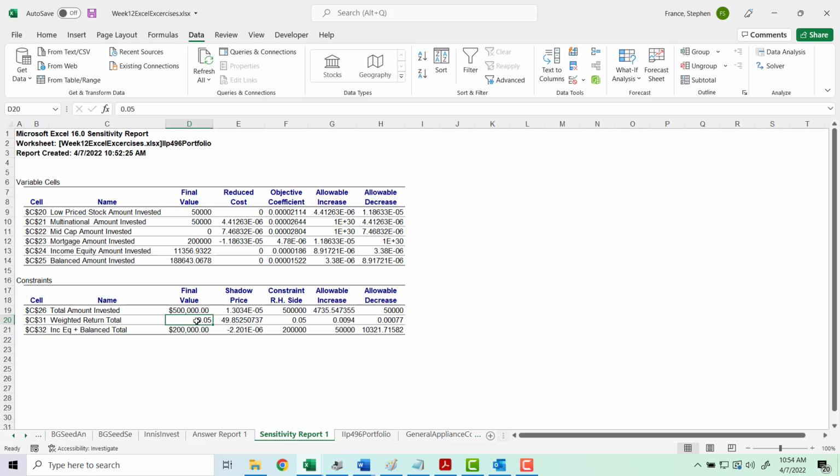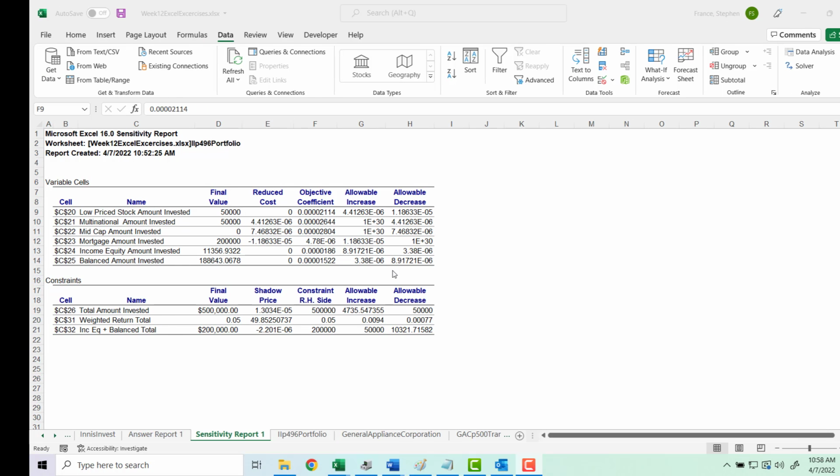So if we wanted to estimate a little bit of what would happen if we incremented weighted return, rather than run the solver, then we could utilize this shadow price.